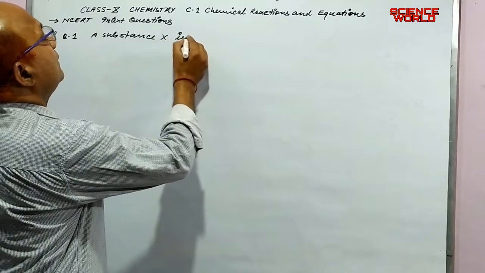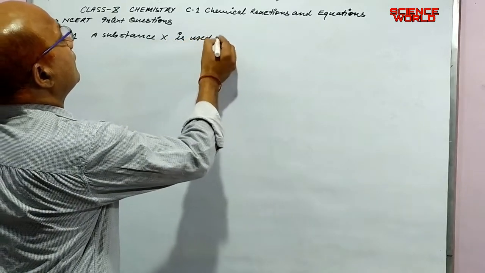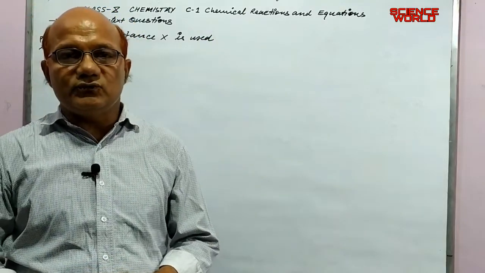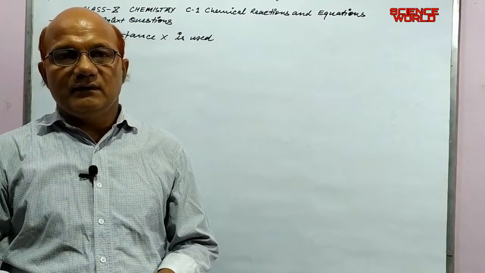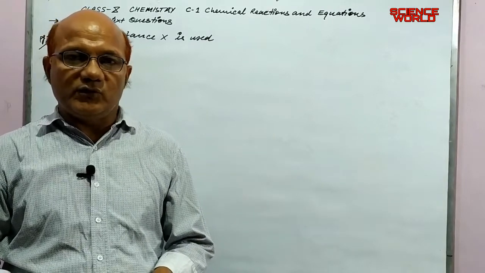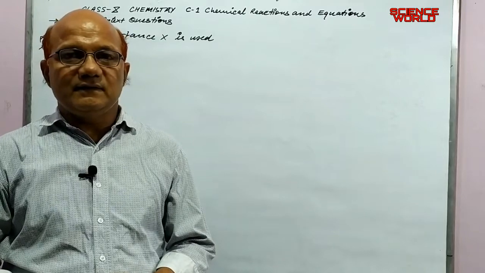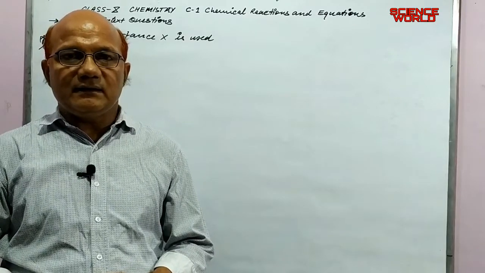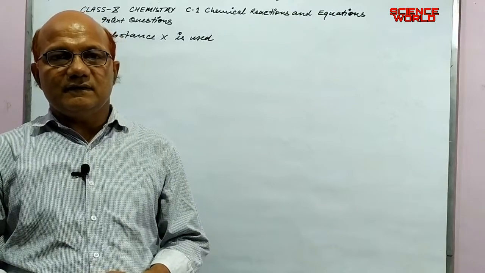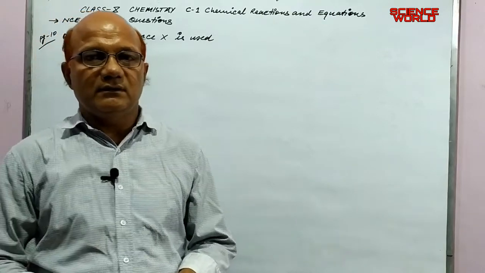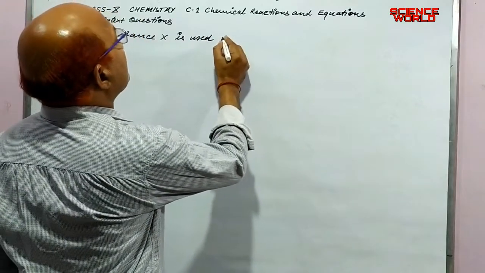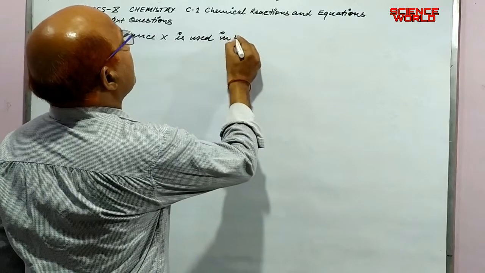A substance X is used in whitewashing. Identify the substance X and write its formula. And the second part is, write the balanced chemical equation when this substance reacts with water.